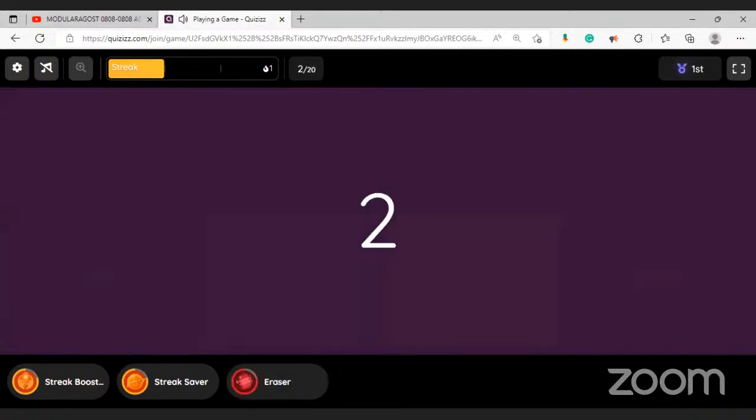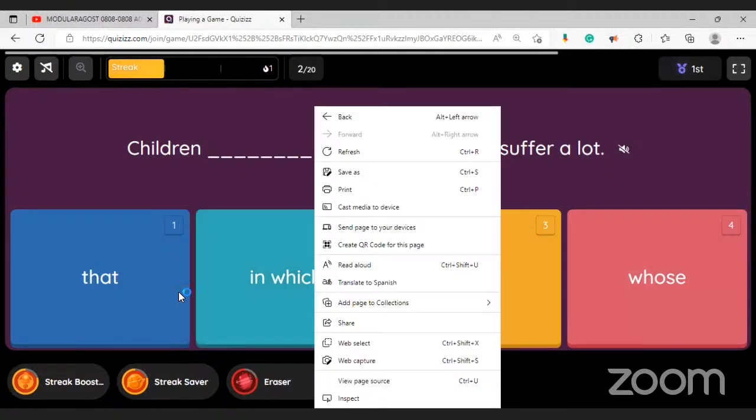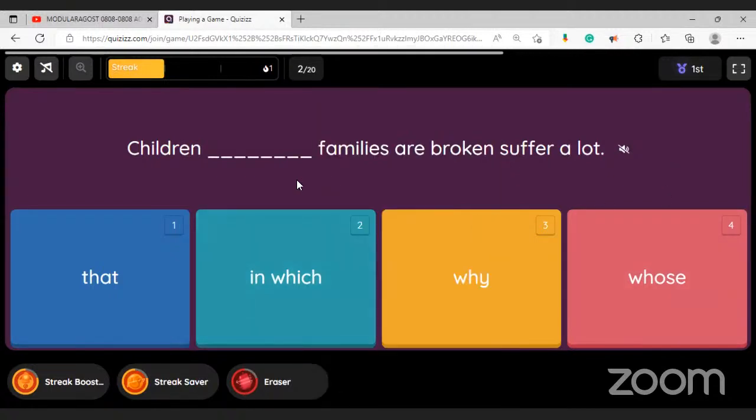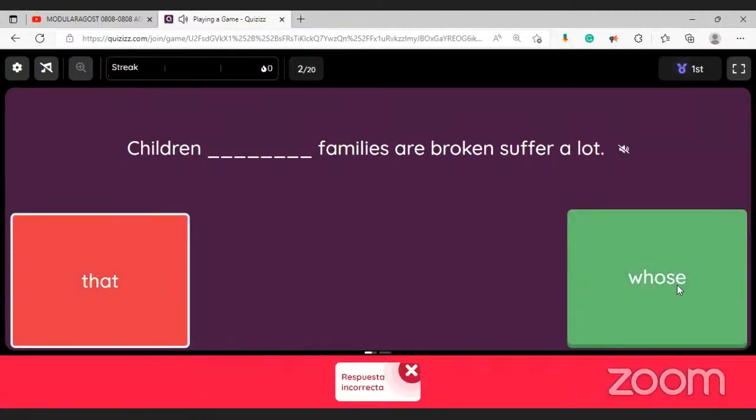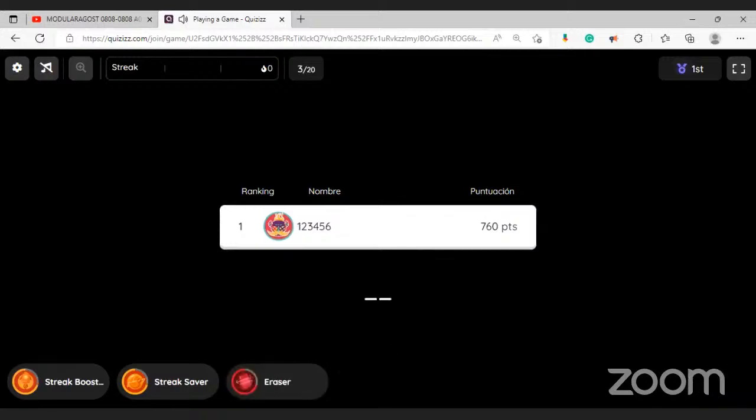Okay, and the next one, children. In which, that, what do you think is it? Los niños en las familias que han sido rotas. That. Okay. Whose? Because it's plural, right?